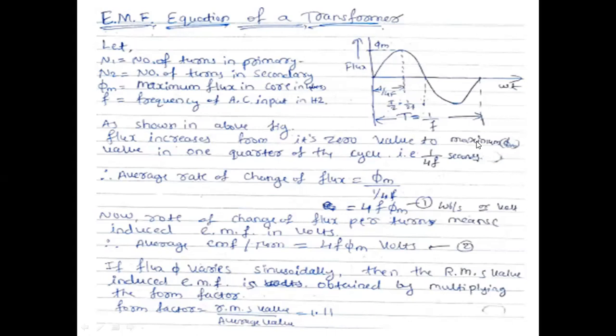In bracket you write down phi m. After maximum value, write phi m in bracket. Bracket complete.